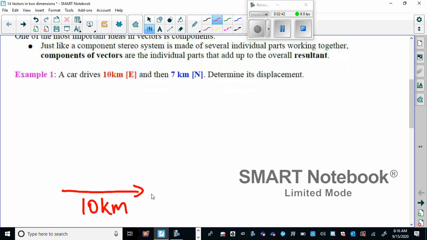We can place these tip to tail right away. There's our 10 kilometers east. Now let's go 7 kilometers north, tip to tail.